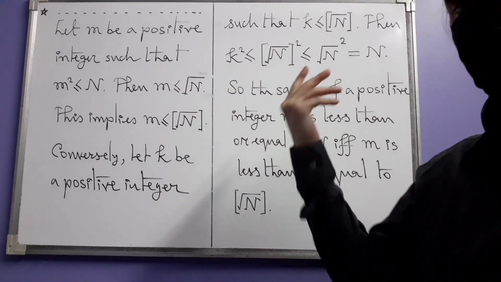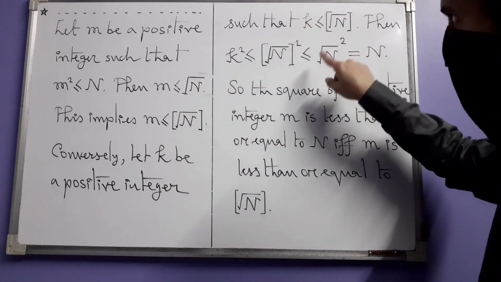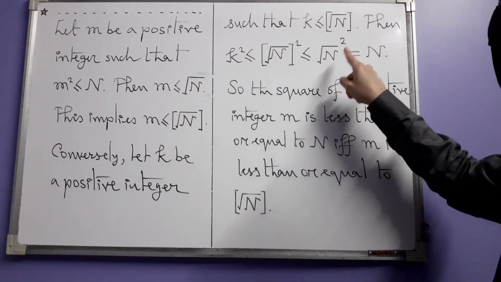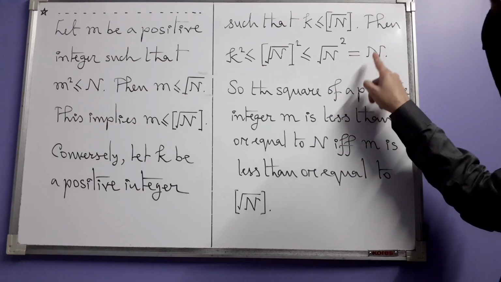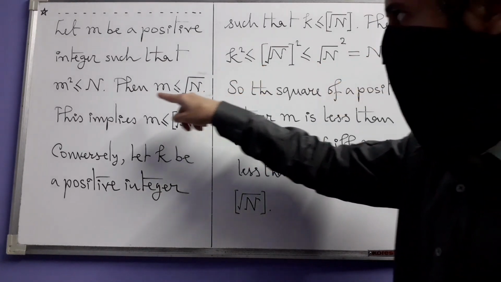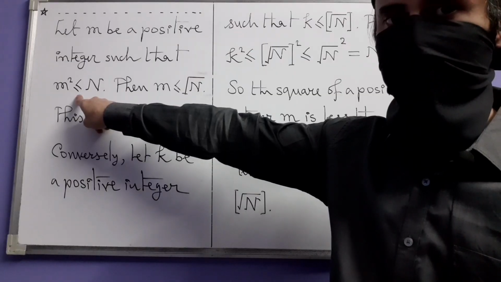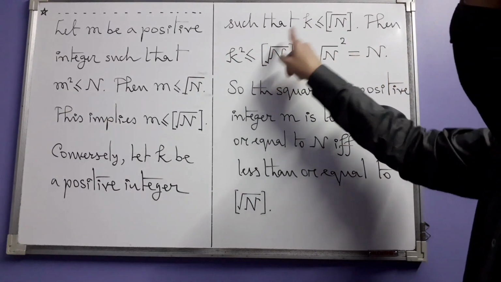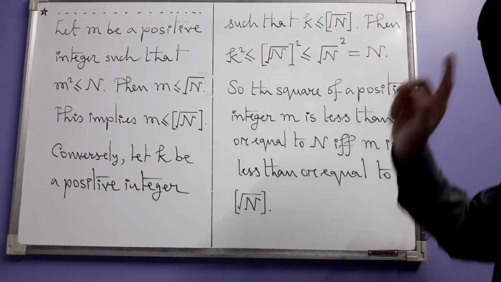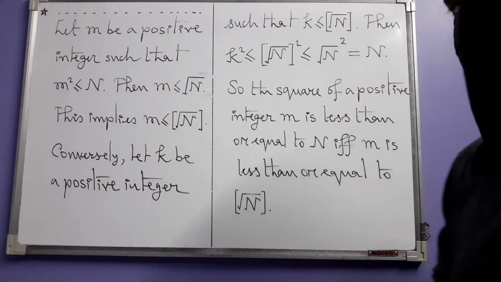So there you can take squares on both sides, obtaining this inequality. This square, however, is N. So you see that you get back to that state, that if this is true, then k squared needs to be less than or equal to capital N.